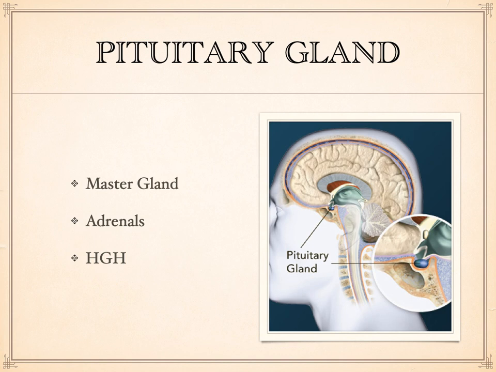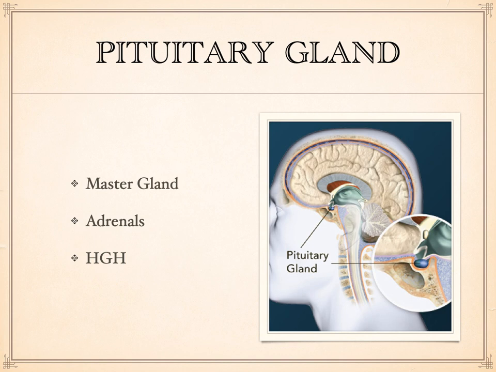One thing that gets produced by the pituitary gland is HGH. That's human growth hormone. It's important when we're kids, as we're starting to grow up to being our full size. It is also one of those things, back when I was younger, as the steroid scandal was rocking baseball and professional sports, HGH was one of the things the guys were taking to try and get a competitive advantage.